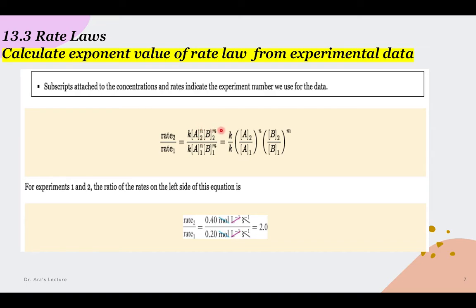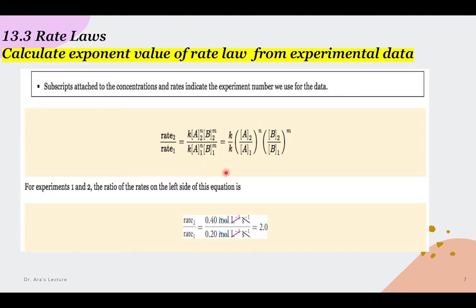So obviously, according to the rate law, we can write that for the rate 2, the constant k, concentration of A2 power n, concentration of B2 power m. Similarly, for rate 1 equal to constant k, concentration of A1 power exponent n, and concentration of B1 power exponent m. We can rearrange the equation like that if we can nullify this k value.